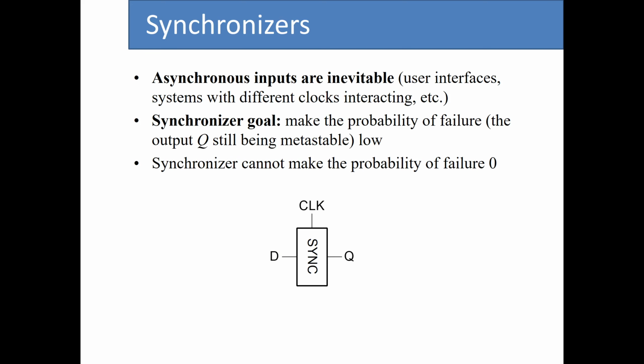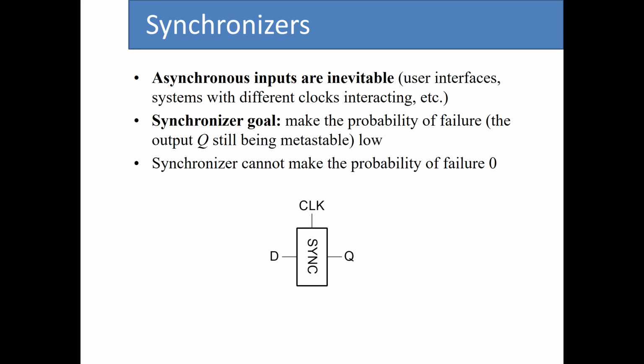So now that we know generally what a metastable state is, let's talk about synchronizers. For the circuits that get inputs from users, or if you have some systems that use different clocks and they are forced to interact with each other, it is inevitable to have asynchronous inputs.